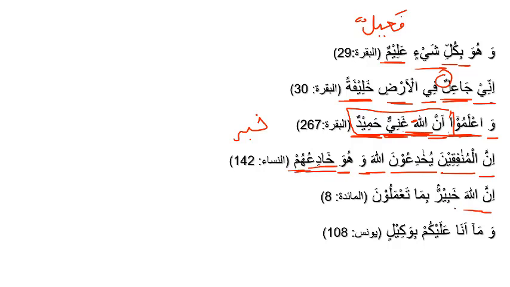Inna Allah, indeed Allah, khabirun. What does khabirun mean? Always knowledgeable. Bima ta'malun, with what you do, with what you are doing, and what you will do also. This is fi'l mudari', which gives the meaning of present and future.